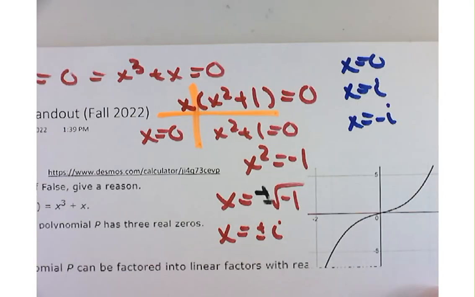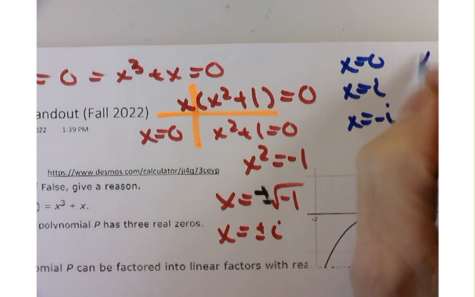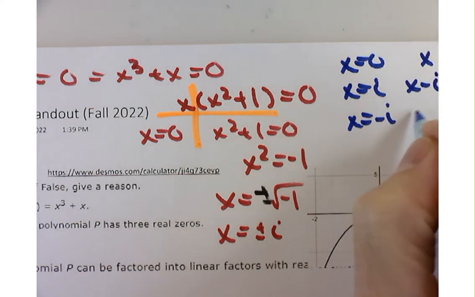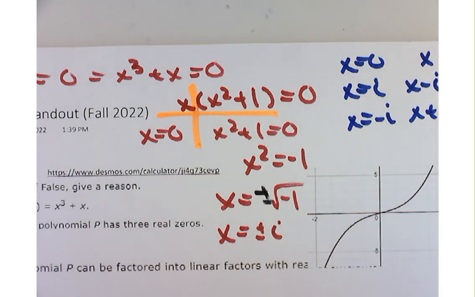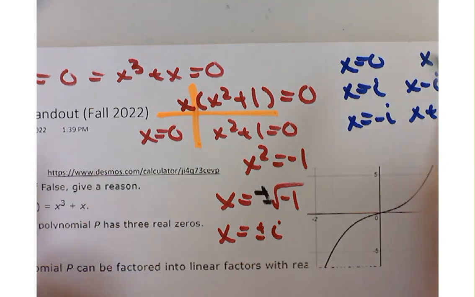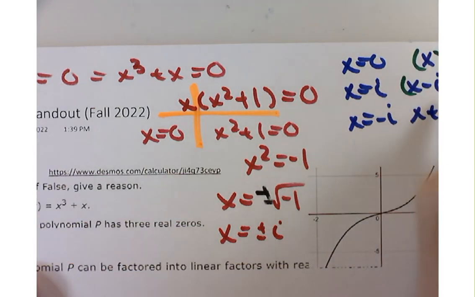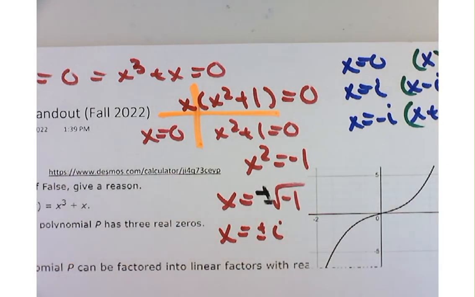Now I can write this polynomial as a product of linear factors. So this is just going to be x, x minus I, and x plus I. All I'm doing to get the factors is figuring out where these terms equal 0, and then if I multiply those terms together, I'll get my polynomial.